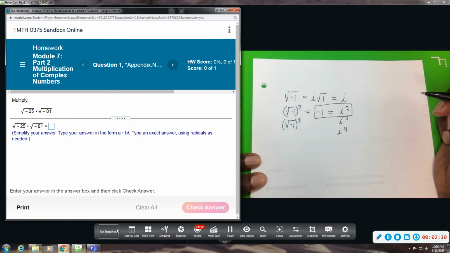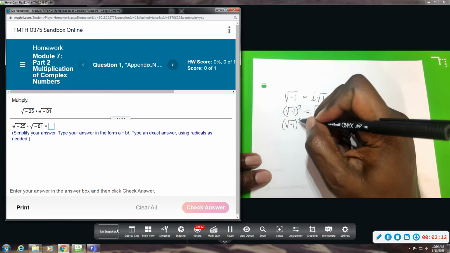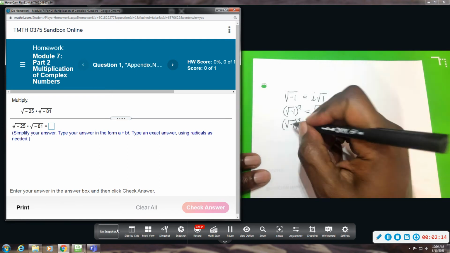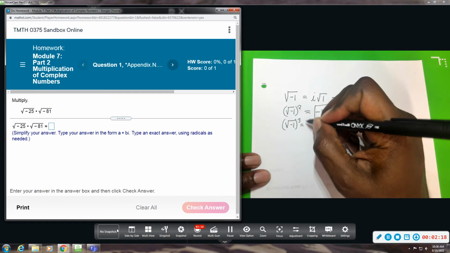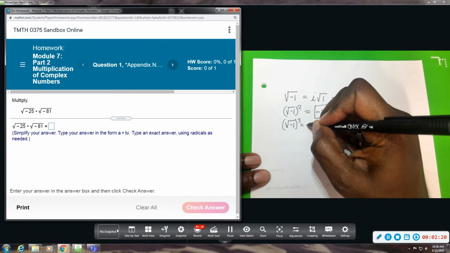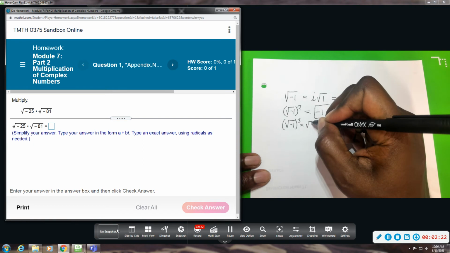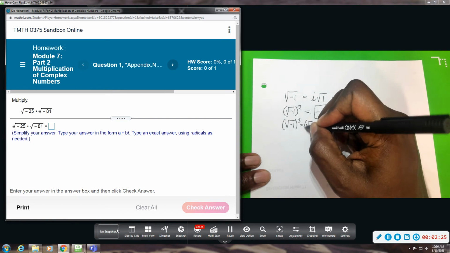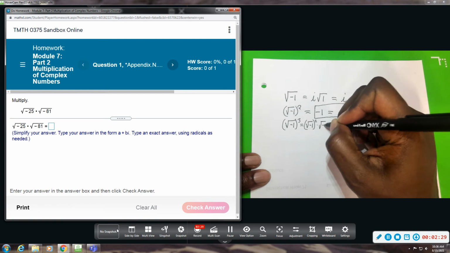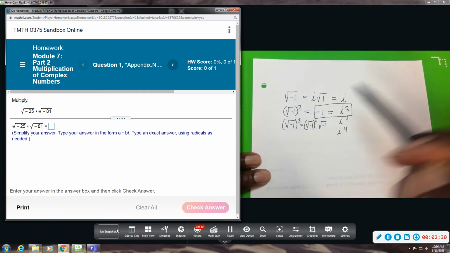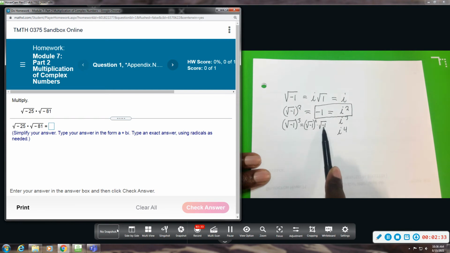From a math standpoint, we know that raising something to the 3rd power is multiplying it times itself 3 times. So instead, I'm going to split it up into the square root of -1 squared, and then times the square root of -1. Previously we have talked about both of these. So this is 2 plus 1 gives us 3.